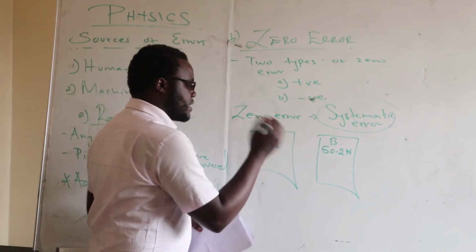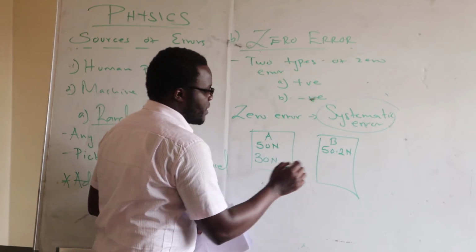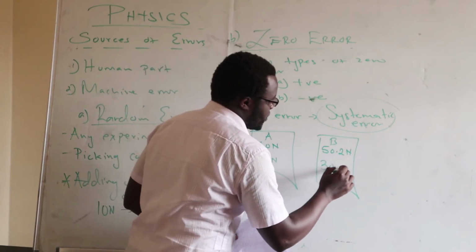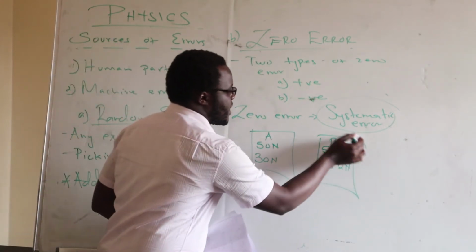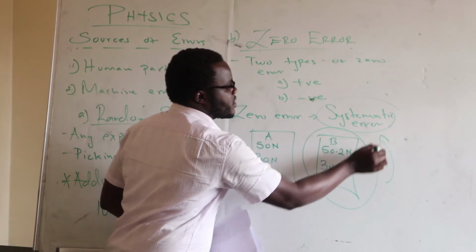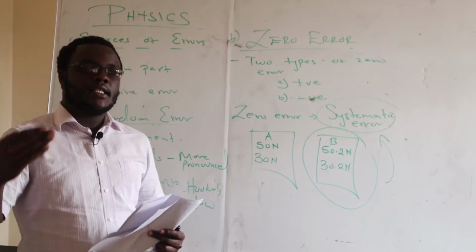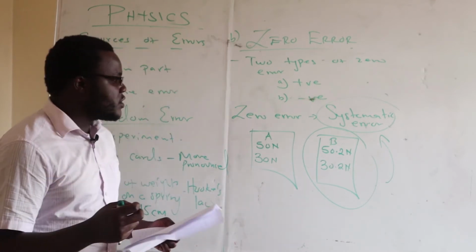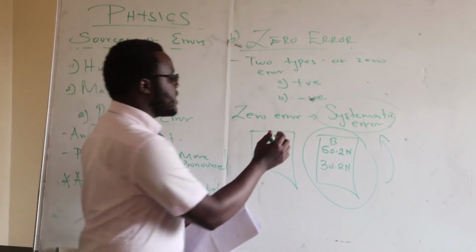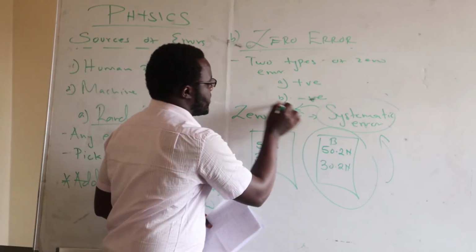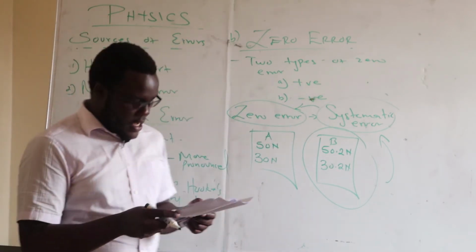Then we go to another sample, we get 30 newtons, but this one produces 30.2 newtons. It means this kind of error that is occurring here is a predicted error that you can predict. It becomes a systematic type of error that is always repeating itself in a certain manner. And this error, we are saying it's caused by the zero error. So the zero error causes a systematic type of error.